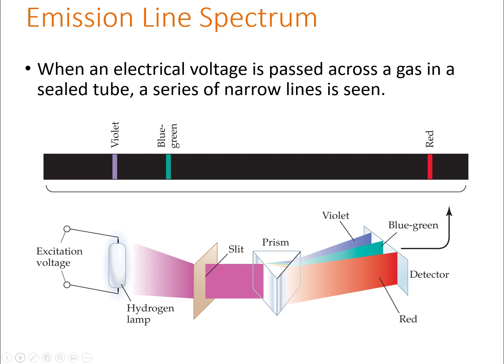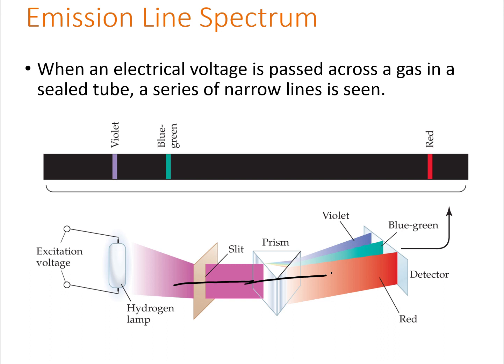Once you stop exciting that gas, the electrons are going to release or emit light. That light is filtered through a slit, which then goes through a prism and separates into the different colors.